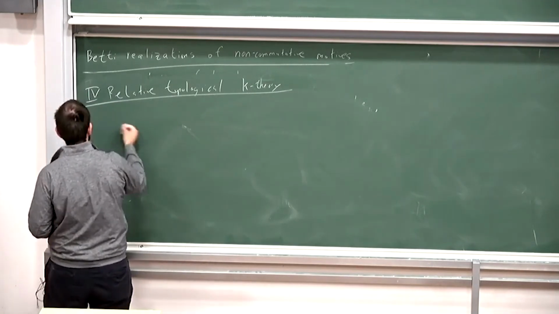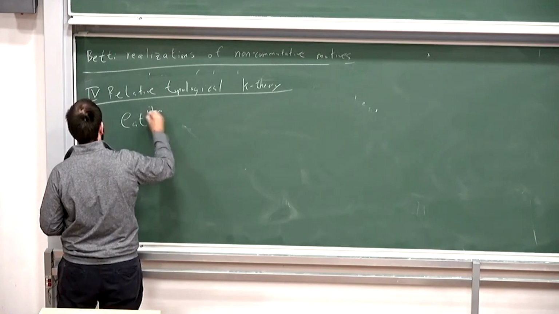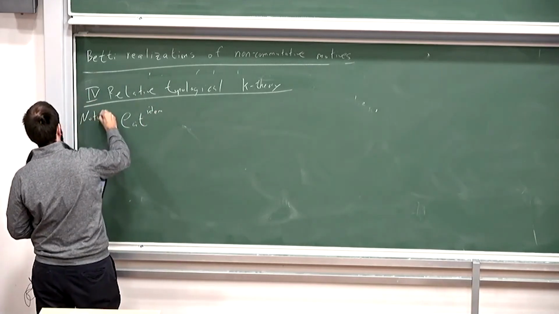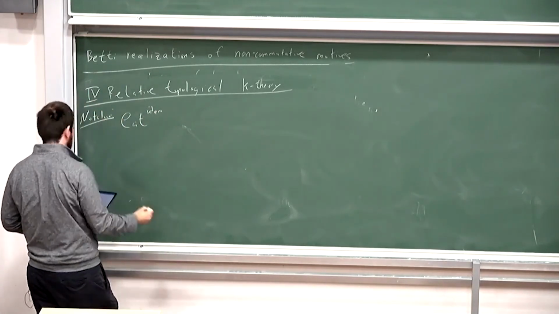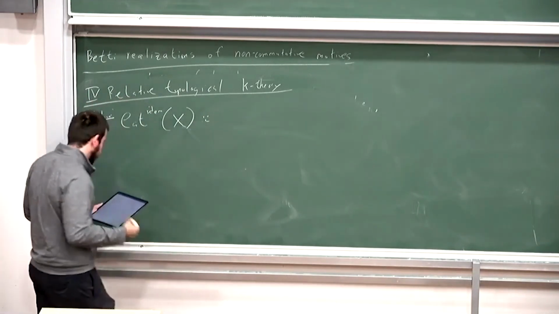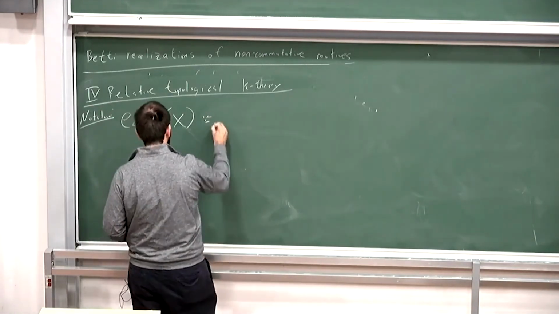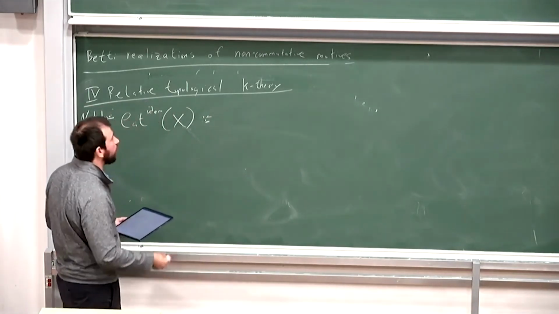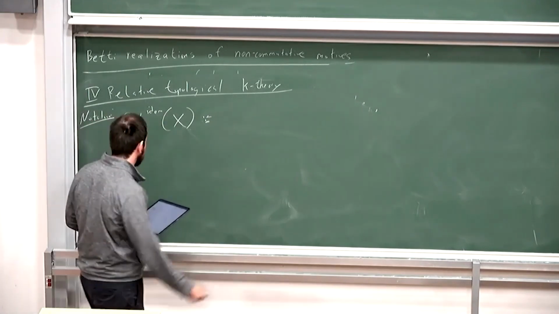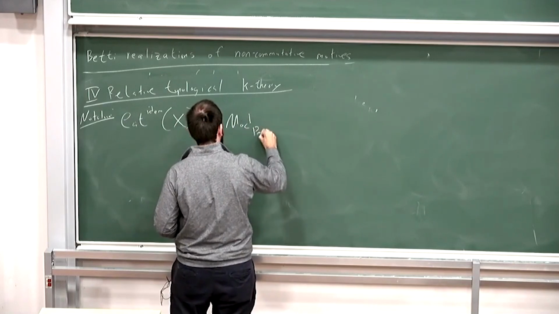Right, so let me use this notation. If you look at perfect complexes on a scheme, this is symmetric monoidal, so you can view it as an E-infinity algebra object in idempotent complete categories. So this notation just means modules over that.